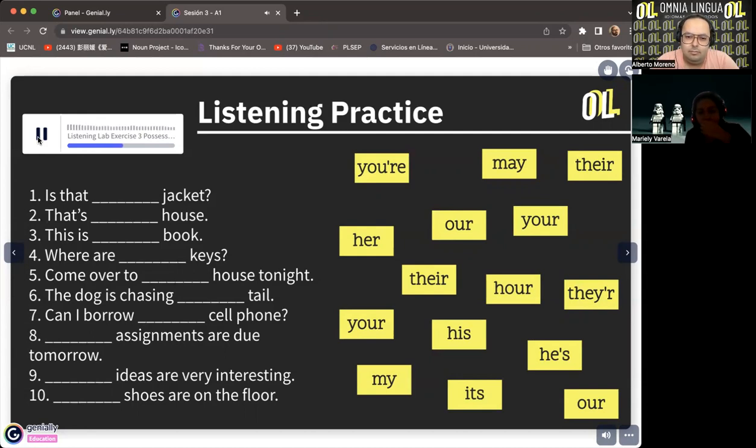Come over to our house tonight. 6. The dog is chasing its tail. 7. Can I borrow your cell phone? 8. Our assignments are due tomorrow. 9. Her ideas are very interesting. 10. Their shoes are on the floor.